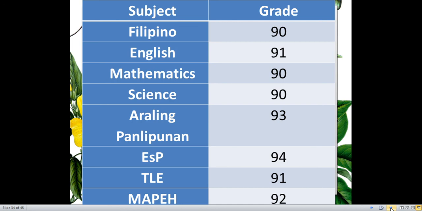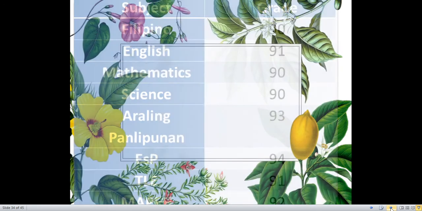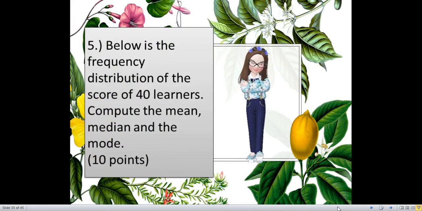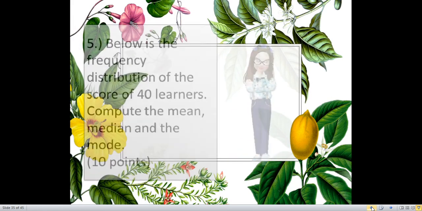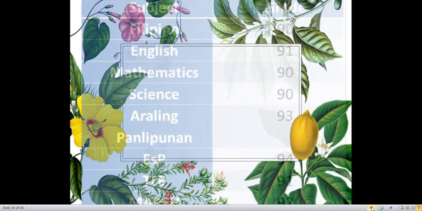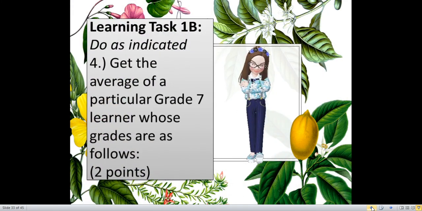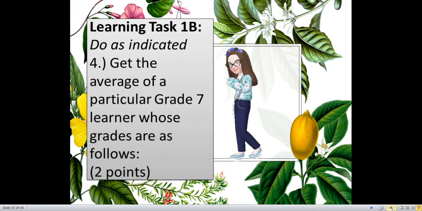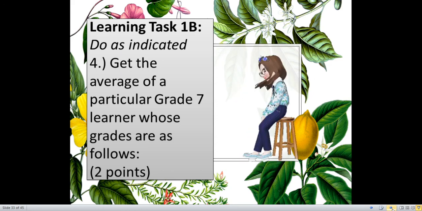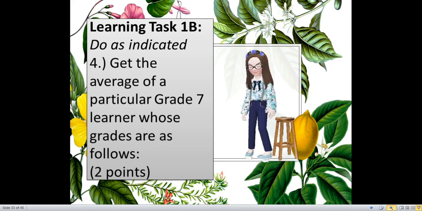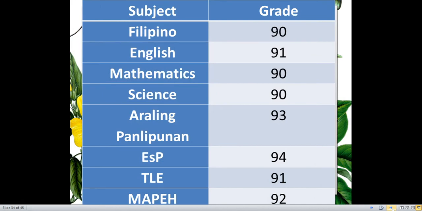And the grades are 90, 91, 90, 90, 93, 94, 91, and 92. Again, what you need to find in number 4 is the average. So when we say average, that means you need to find the mean. And this is ungrouped data, so use the formula for ungrouped data.